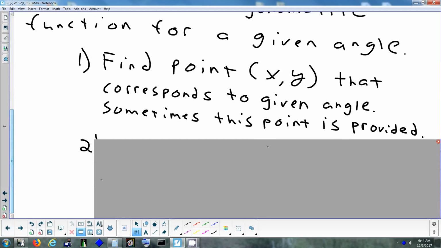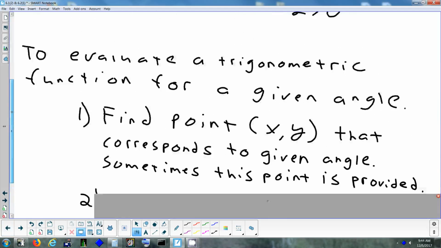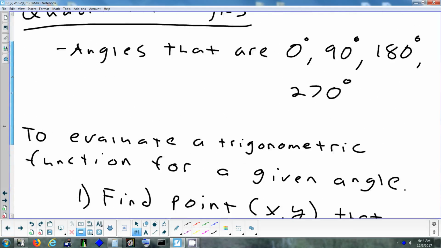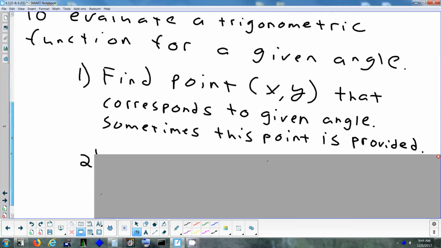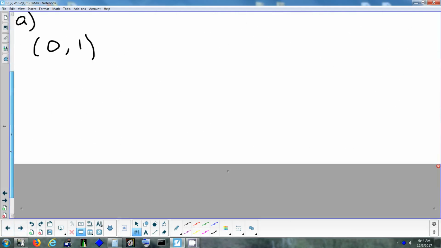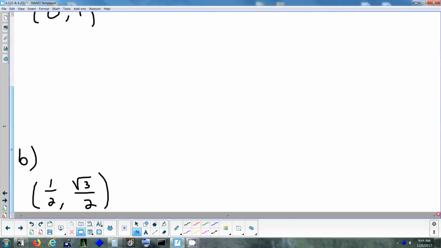Now, up till now, I've only shown you how to find 4 coordinates, and those are the coordinates for the quadrantal angles. So in the homework tonight, I can't ask you about anything other than 0, 90, 180, or 270. If I want to ask you about something other than one of those 4, I'm going to have to give you the coordinate of it.